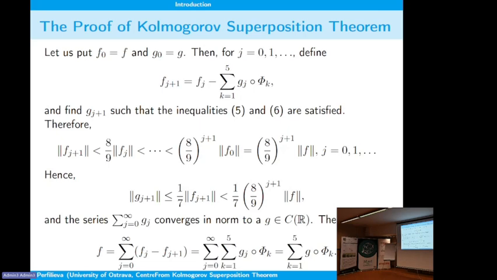We start from the given function and select some first G according to lemma 2, and then we compute the difference. Then we continue. So this is a new function, which is again continuous, and for this function we again find the corresponding set U, corresponding function G, and so on and so forth.